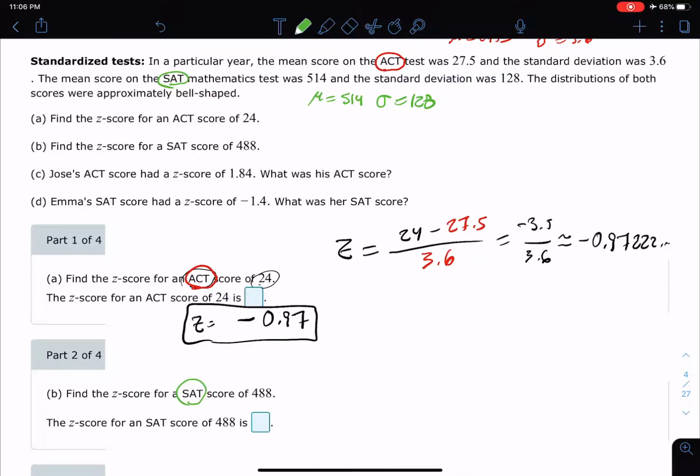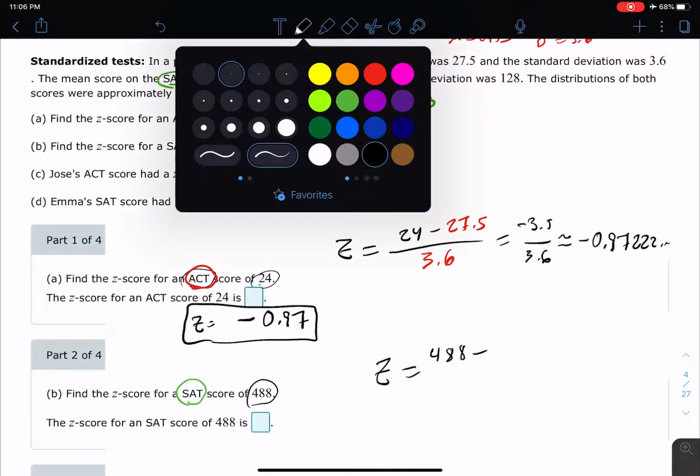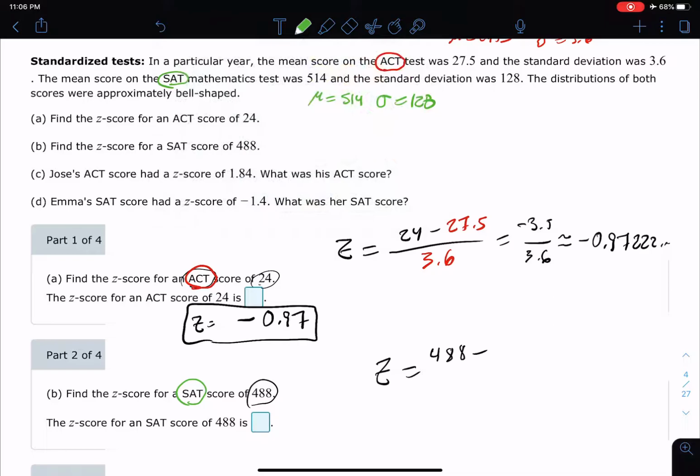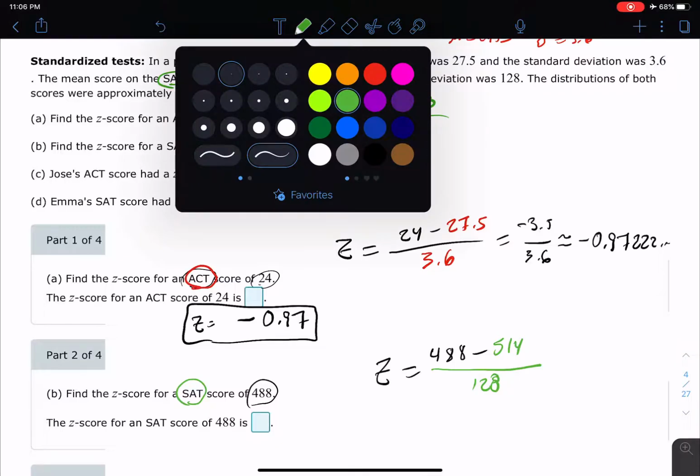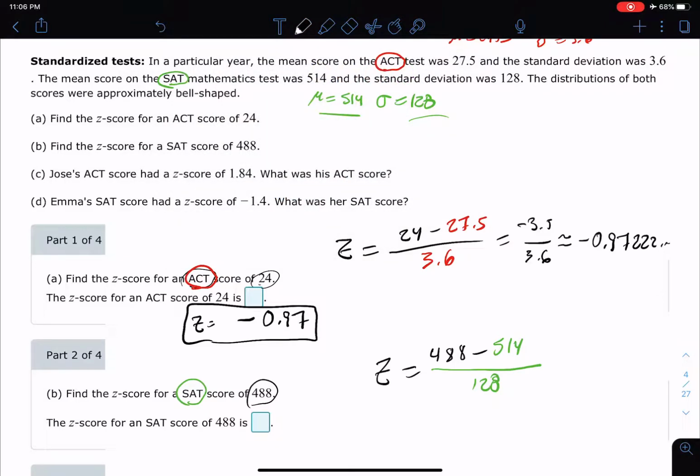And let's use my formula for z-scores. Z equals an SAT score of 488 minus the mean. I'm going to go ahead and use my green because the mean for the SAT is 514, divided by the standard deviation, which is 128. I'm going to let you guys calculate that, put it in the calculator.